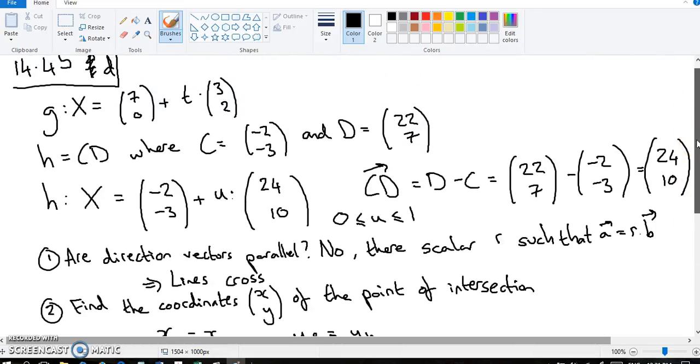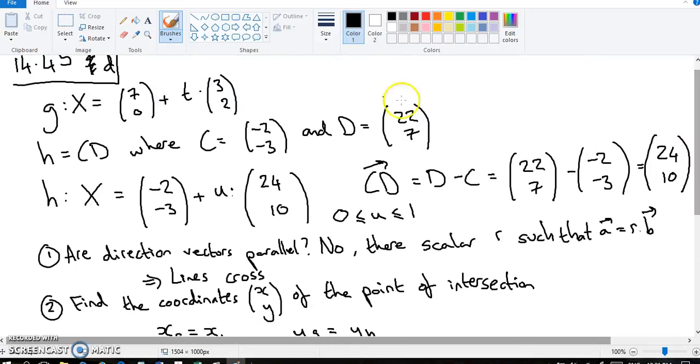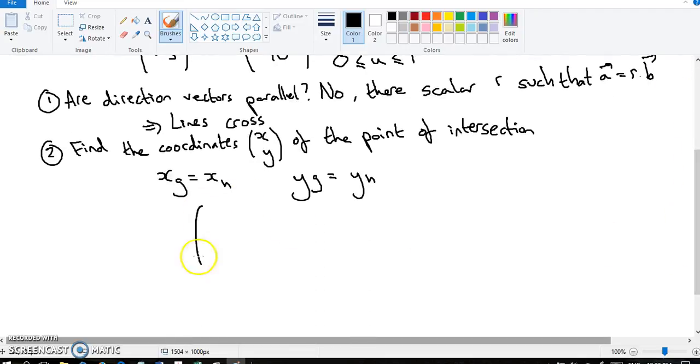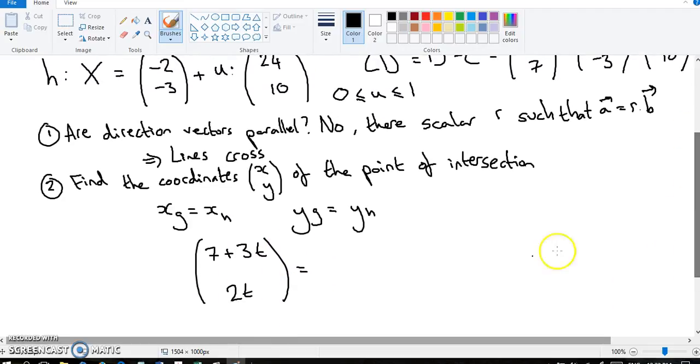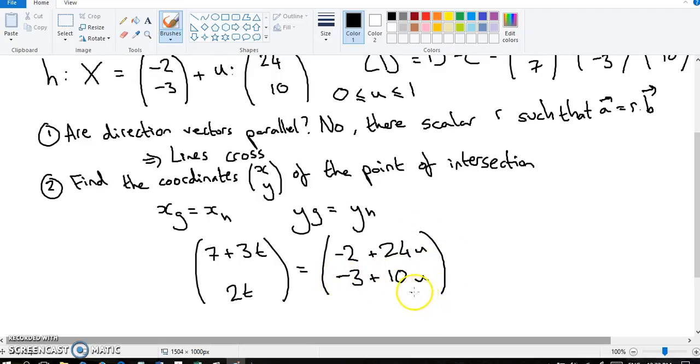So I can say when 7 plus 3t, and 2t, is equal to the coordinates for H, which is -2 plus 24u and -3 plus 10u, when these two are equal.